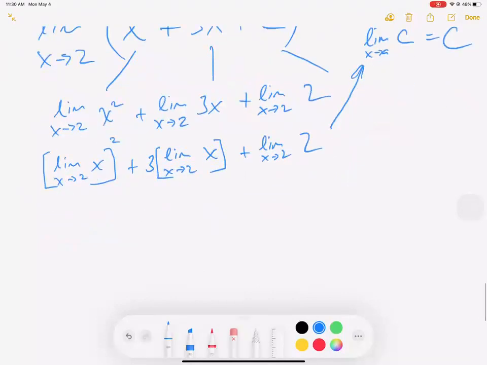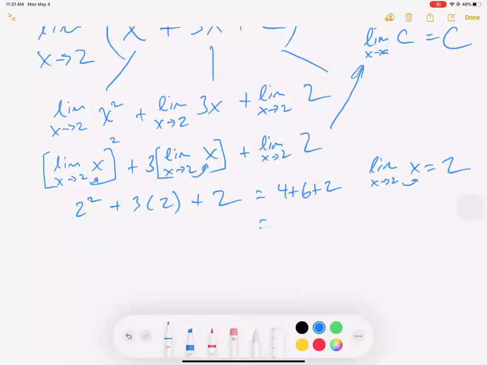Okay. If I plug in 2, what's the limit as x approaches 2 of x? Plug in 2, x is now 2. This is 2 squared plus 3 times 2, because x is 2, plus 2. This becomes 4 plus 6 plus 2, which is 12.